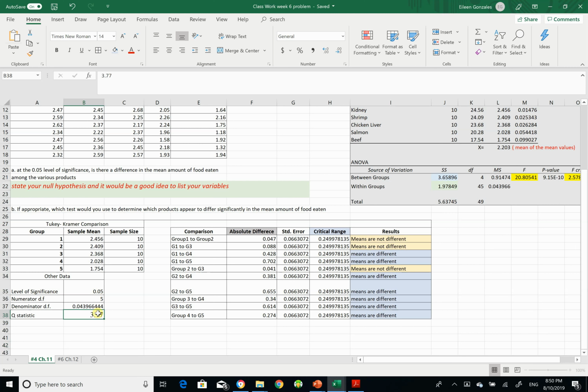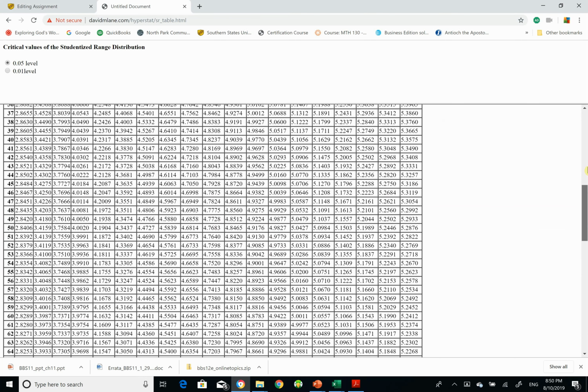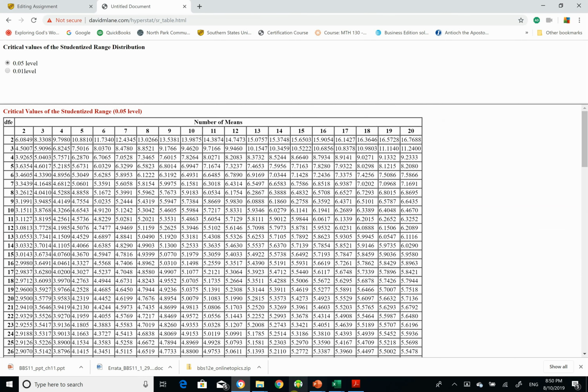And this right here, a Q statistic that you needed to find using this table, the studentized range distribution, will also be empty. Okay, but this is how you do problem number 4.